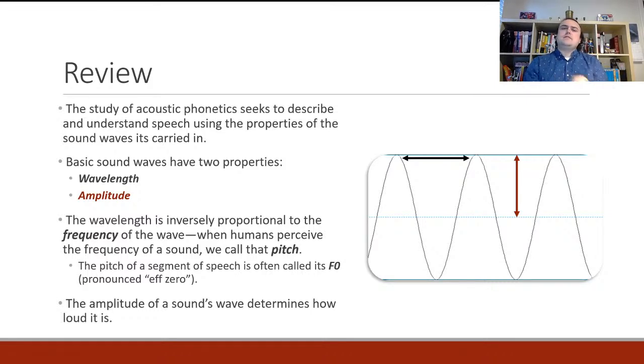So the F0 of an utterance or some segment of speech is just going to be its frequency: how many of these peaks and troughs go by during a certain amount of time on average for the whole segment of speech. The amplitude of a sound wave, that happens too, right? That's something we also perceive. That's just how loud the sound is, though. So it's how loud someone is speaking in the case of linguistic sound.